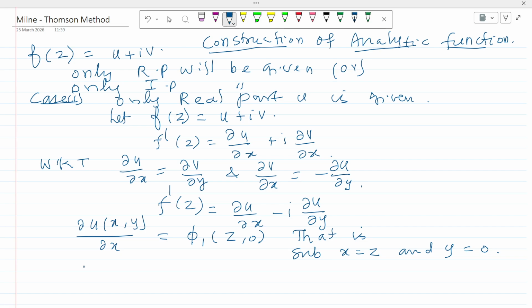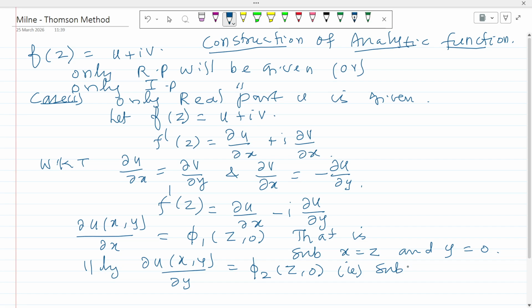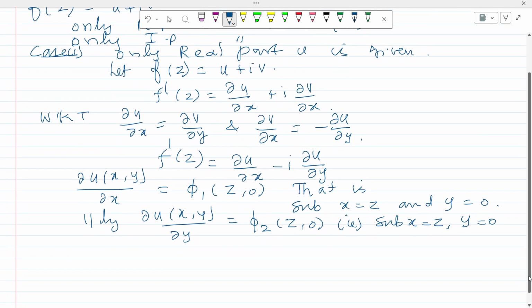Similarly, dou u of x comma y divided by dou y equals, take it as phi 2 of z comma 0, substituting x equal to z and y equal to 0. So what is the step here?